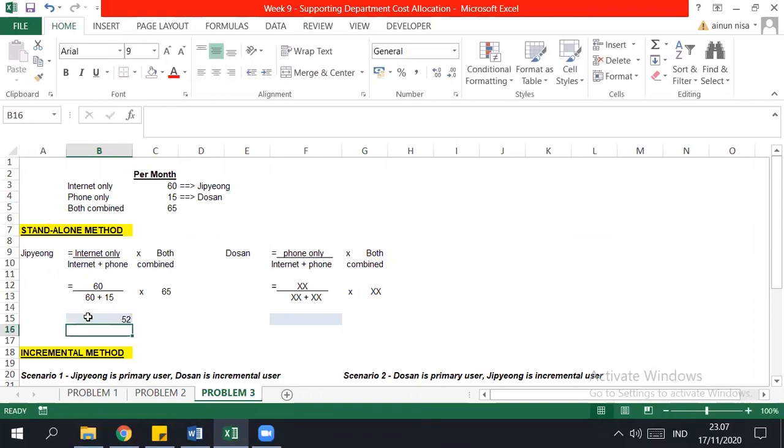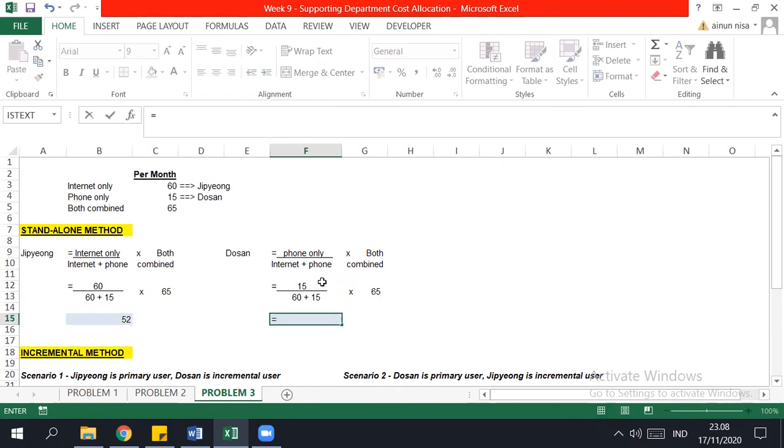Therefore, for Jipyong, the standalone price is 60 per 75 times 65, which equals 52. For Dosan, because he likes to use phone more than internet, first we input the standalone price of phone, which is 15, divided by the standalone price for internet 60 plus the standalone price of phone 15, and then times the cost of the package, or 65.